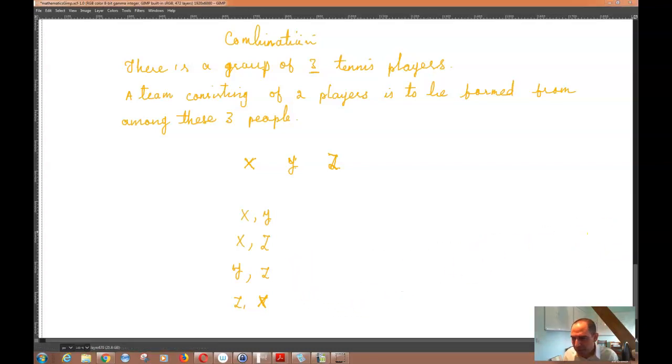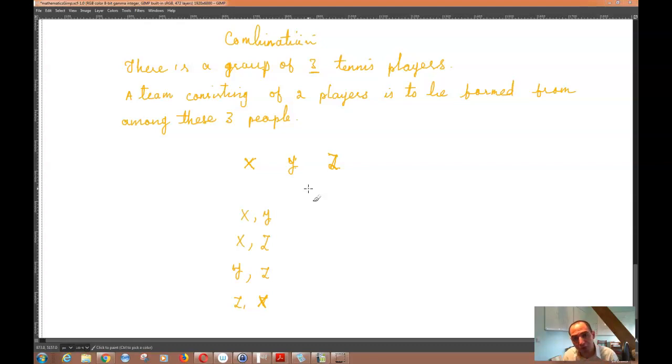So if you consider all the ways of rearranging, for example, n objects, and taking, for example, r of those objects at a time, and then if you don't care about the order, if the order doesn't matter to you, the only thing that you care about is selecting those people together.